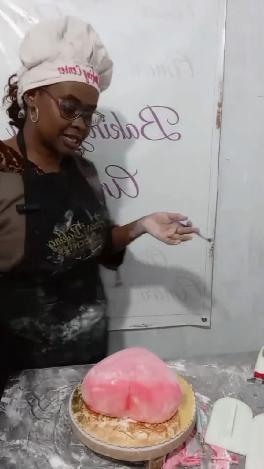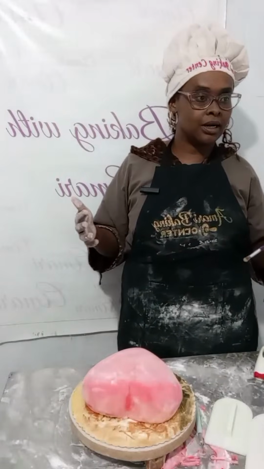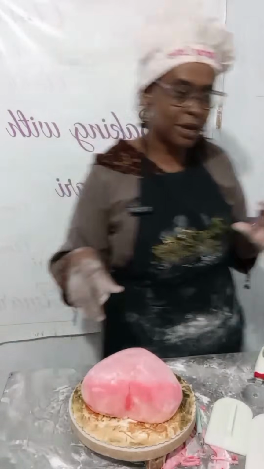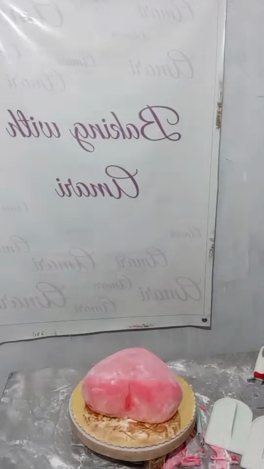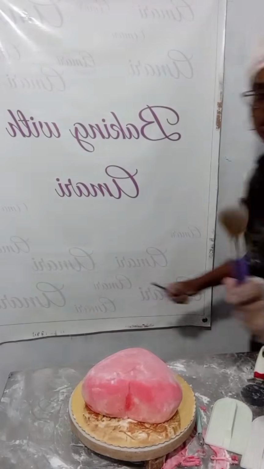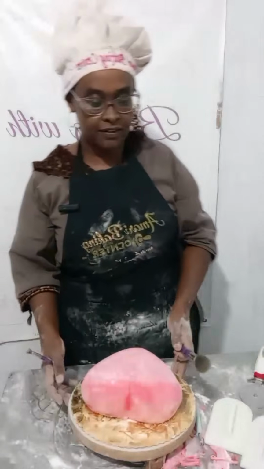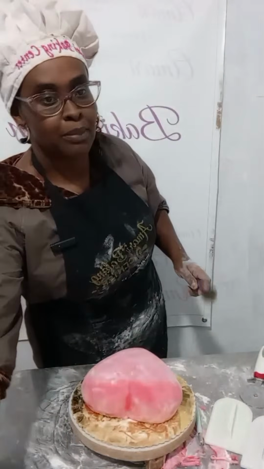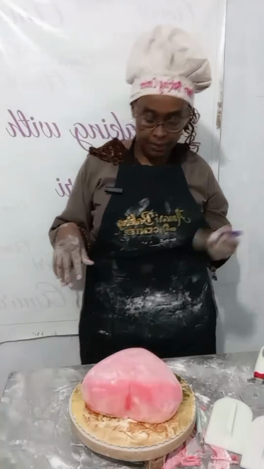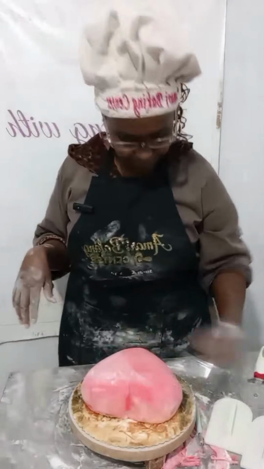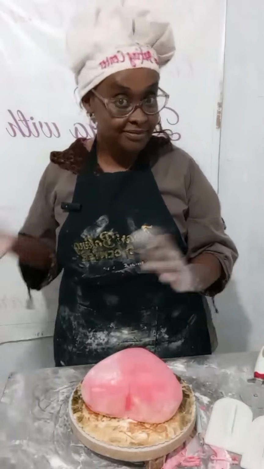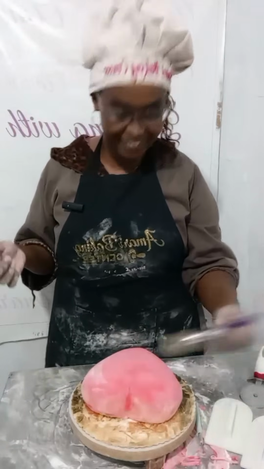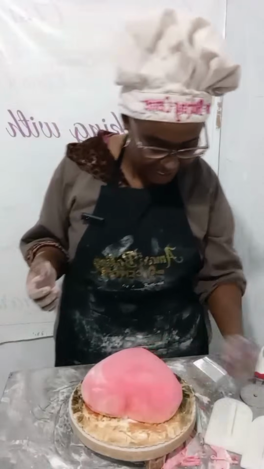As much as there's a lot of icing sugar here, I'm trying to see if I have my big brush. I usually have a bigger brush somewhere. And I'm just trying to get rid of the extra dust. But at the end, I'm definitely going to be using a steamer.